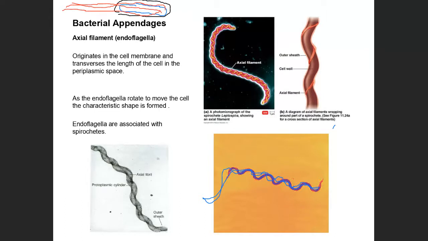If the other images, this one is probably the best representation. You can see that endoflagellum wrapped around the plasma membrane. Here you can see this is a micrograph, a TEM. We're looking inside the cell, and now we can see those endoflagella wrapped around the periplasmic space.